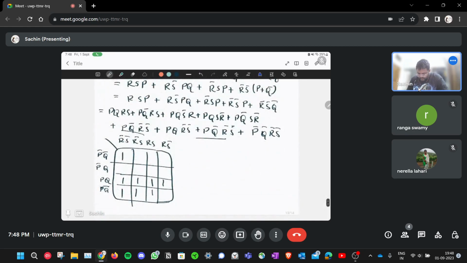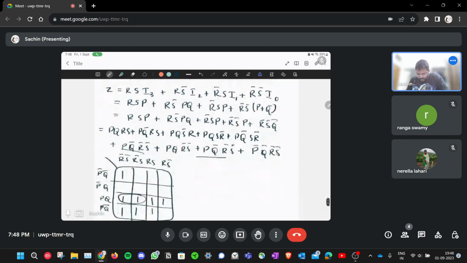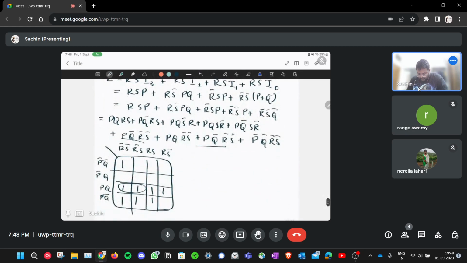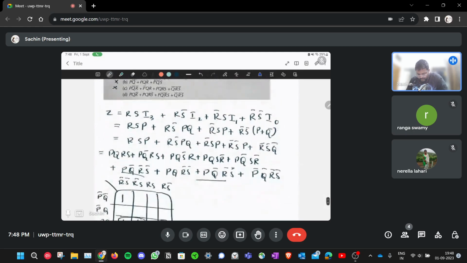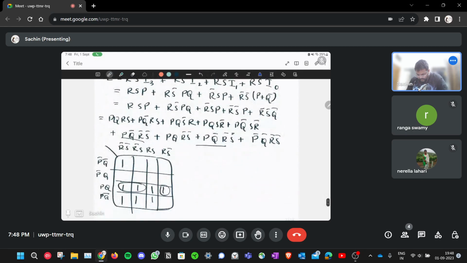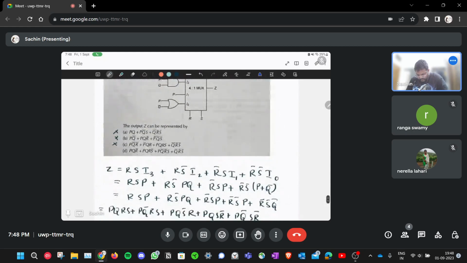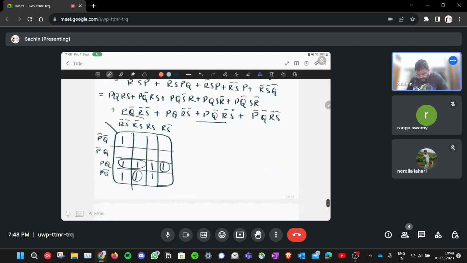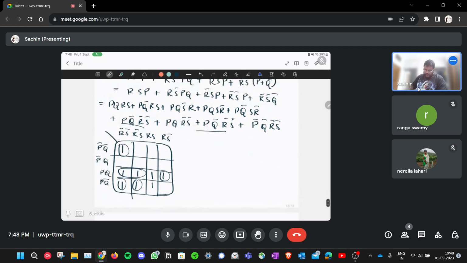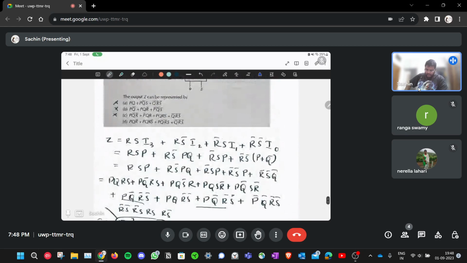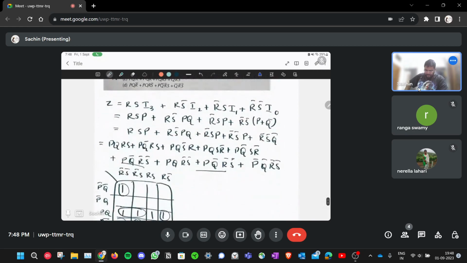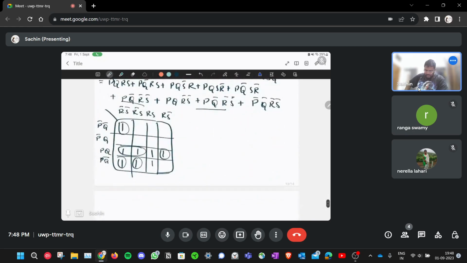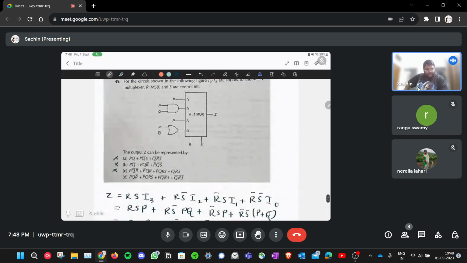PQR bar, you can get from here. PQRS bar, that's this one. PQ bar R bar S, that's here. Q bar R bar S bar, that's this and this. So one term PRS is not there. Well, it doesn't seem like any of the options are right.